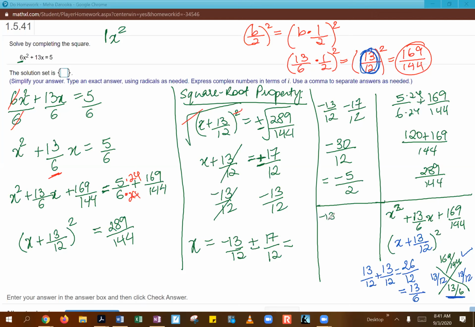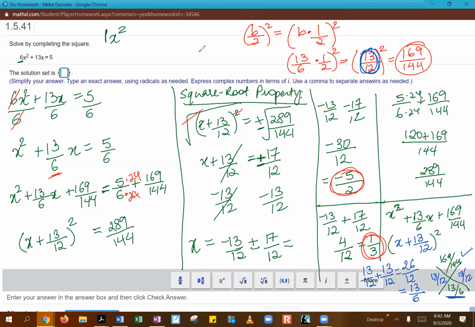And then negative 13/12, but this time you are adding 17/12, so keeping that common denominator of 12, but now adding negative 13 with positive 17 will of course end up giving us just 4, and 4 goes into itself once, 4 goes into 12, 3 times. So that's where we are coming up with these answers of negative 5/2 and positive 1/3.